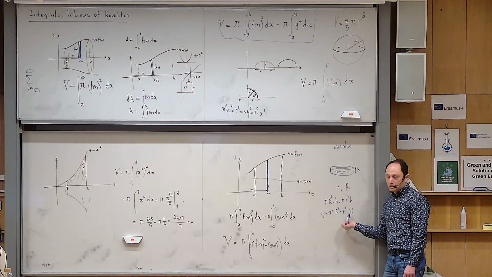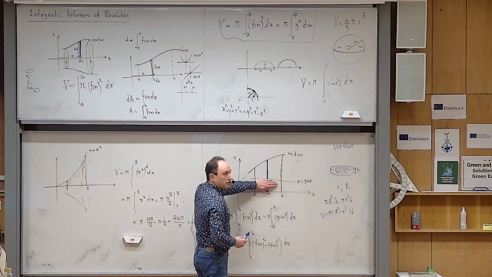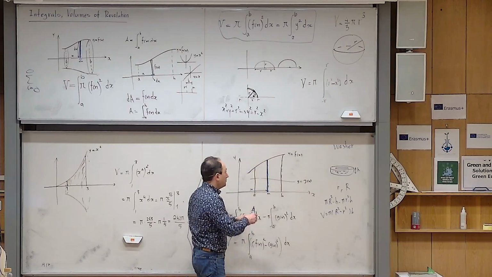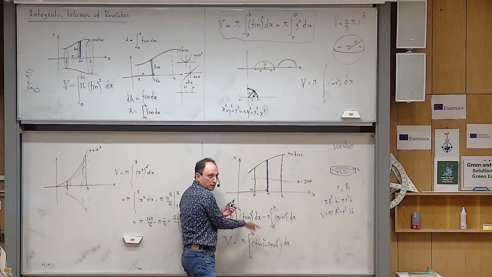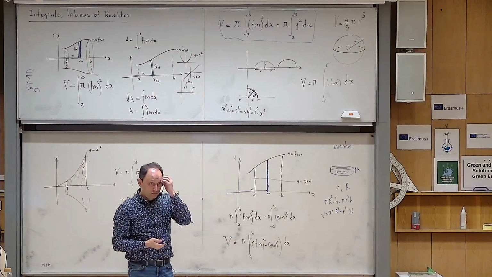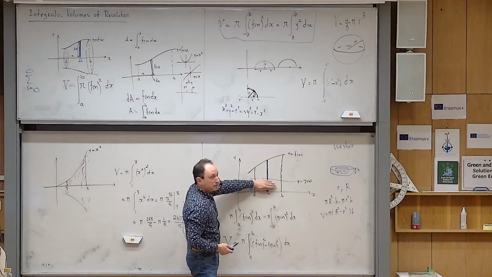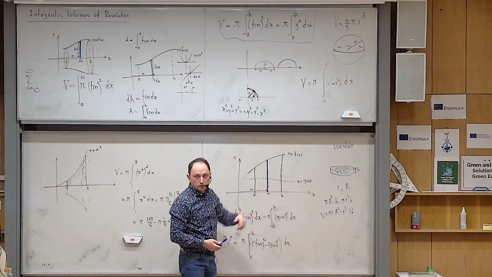I want you to understand that if you ignore this part but keep the height the same, do you see that if I rotate only this part above around the x-axis, it generates a washer? Yes or no? I have to rely on your intuition. If you just take this part and rotate it about the x-axis, it will generate your washer.